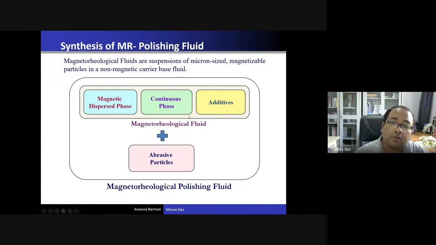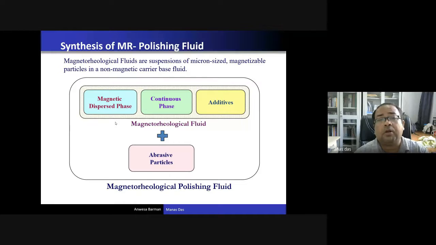And a small amount of surfactant is used, like oleic acid. This oleic acid makes a small layer over the surface of the magnetic particles, so due to this layer the particles do not come close together. That is how agglomeration is avoided when you are applying the magnetic field.